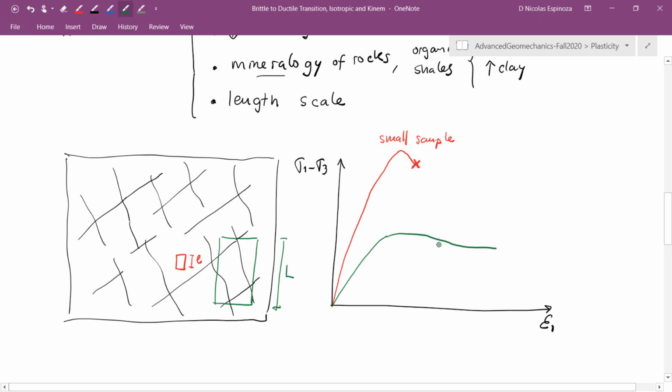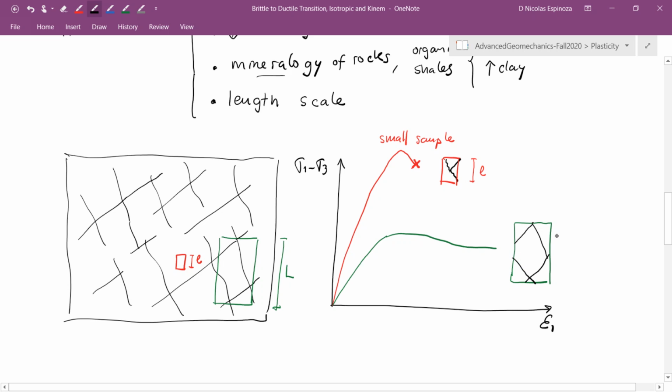Why? Because now, as you are failing the rock, you're actually mobilizing the frictional strength of the fractures. So in the previous case, if this is a sample of size L, when you break it, you create new fractures in the rock. However, in this other sample, which is a bigger one, when you get to the maximum strength, you're going to be mobilizing the strength of the internal fractures.